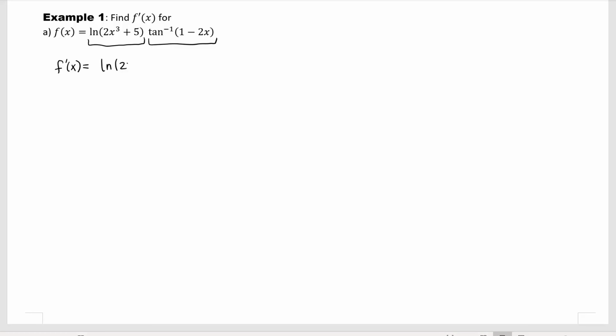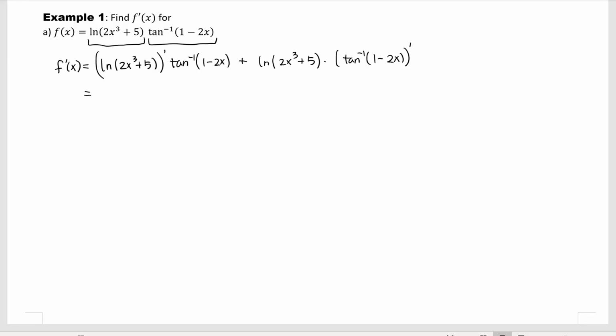It is the derivative of the first times the second, plus the first times the derivative of the second. Let's continue.